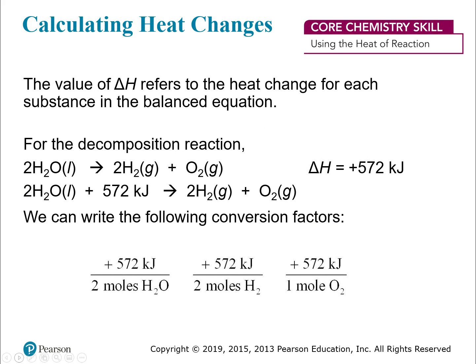We can calculate the delta H based on the amount of reactants or products that we use or make, and we can write conversion factors. So if we're making water from hydrogen and oxygen, like I used in my example, that process has a positive delta H, which means it's endothermic.